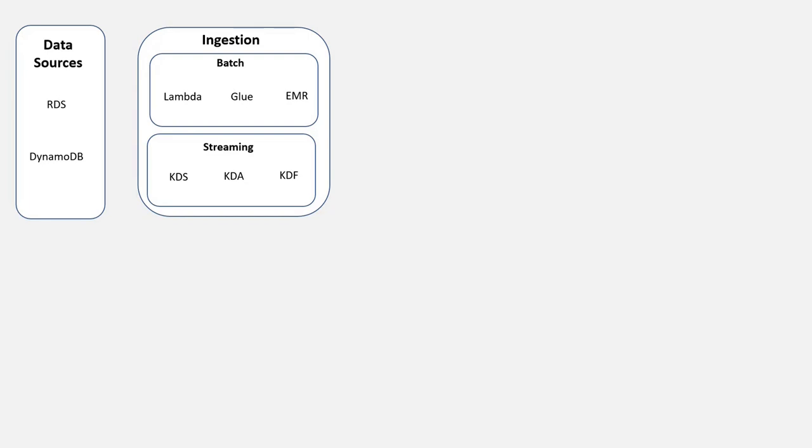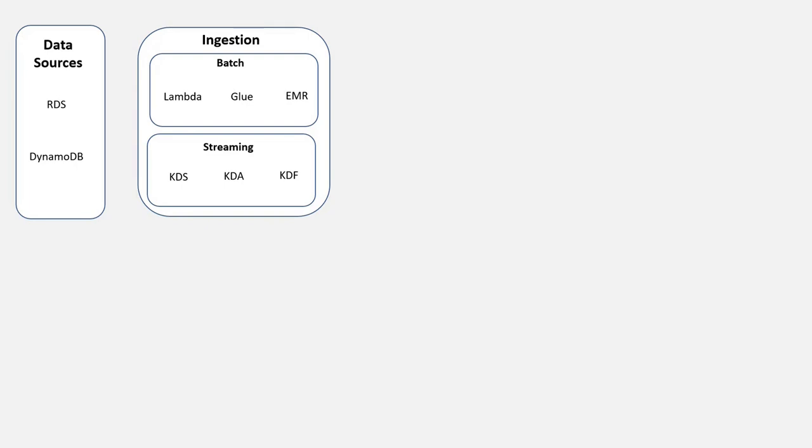Kinesis Data Streams provides low latency streaming ingestion at scale. Then we have Kinesis Data Analytics. It can perform real-time analytics on streams using SQL. And then we have Kinesis Data Firehose. It basically loads data streams from various sources to data lakes or data warehouses.